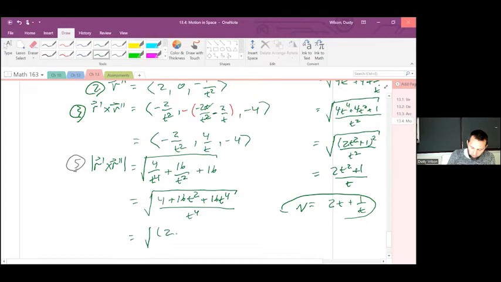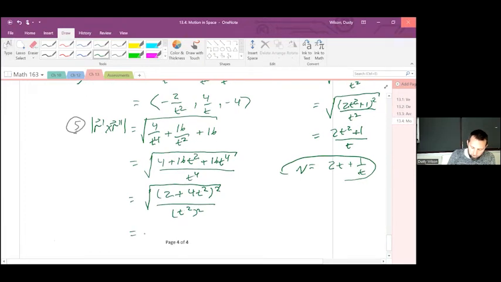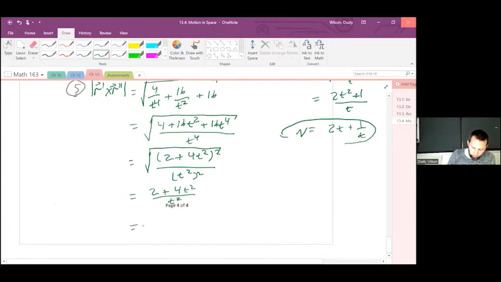So I have 2 plus 4t squared squared over t squared squared, which is 2 plus 4t squared over t squared, which is a funny way of writing. Looks like 2 over t squared plus 4.